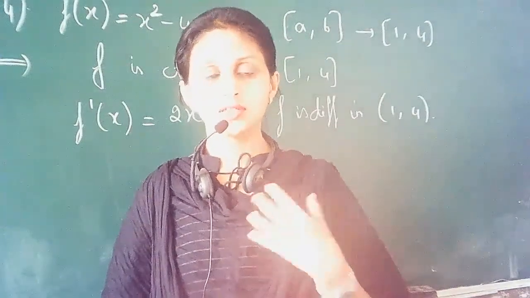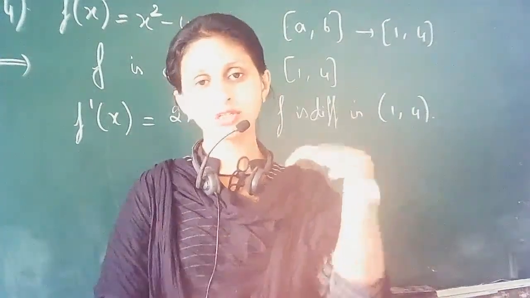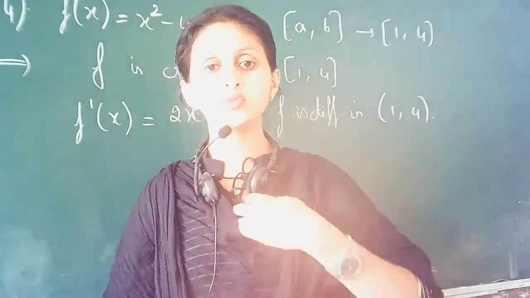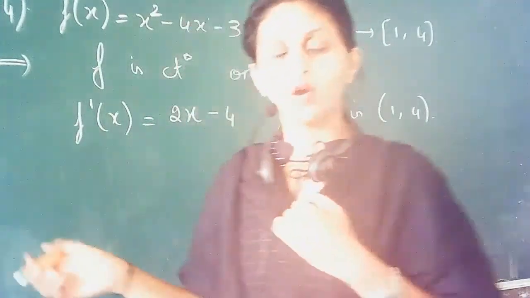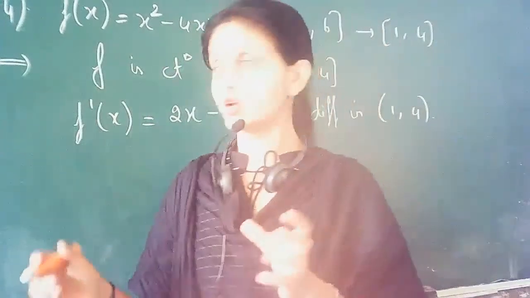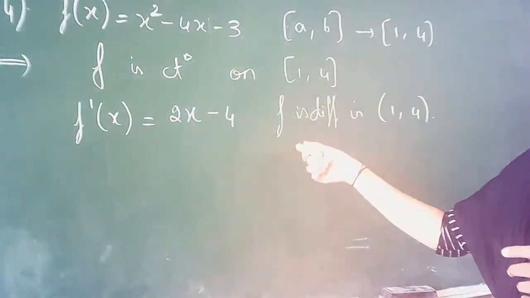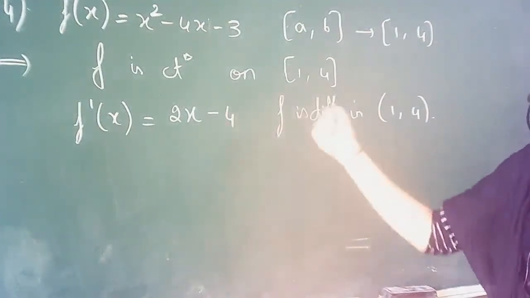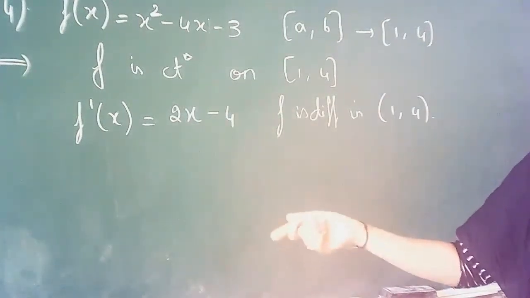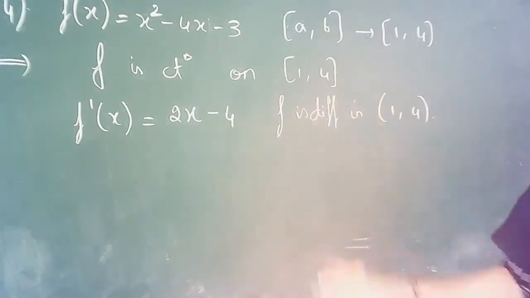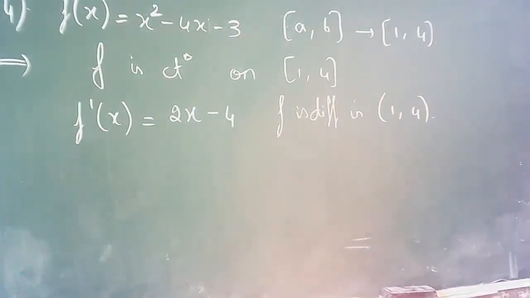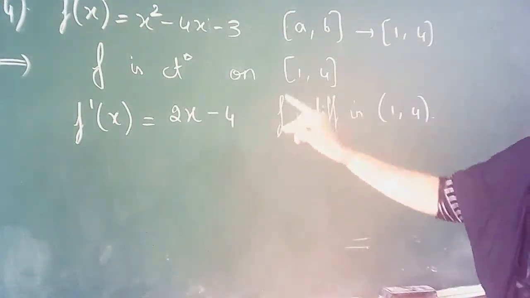If they are equal, then you are going to use Rolle's theorem. If they are not equal, then you are going to use mean value theorem. Here they have already told us to use mean value theorem, so there is no need to check that third condition.